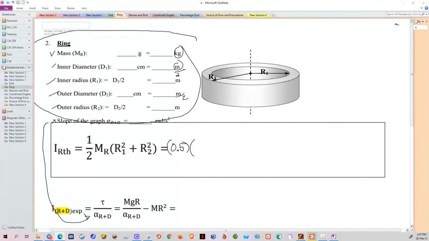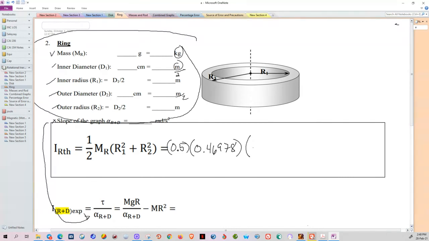We have it in the chat. 469.78. Divide by 1,000 to make it kilogram. 0.46978.